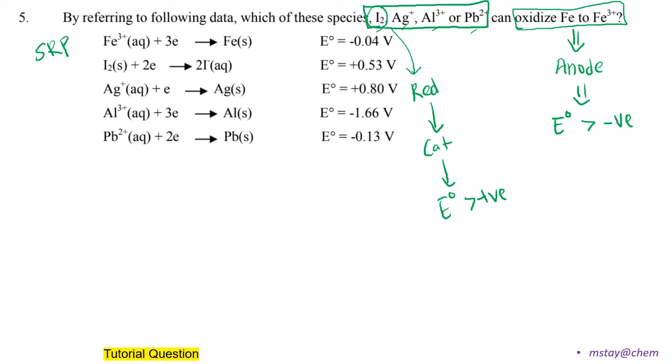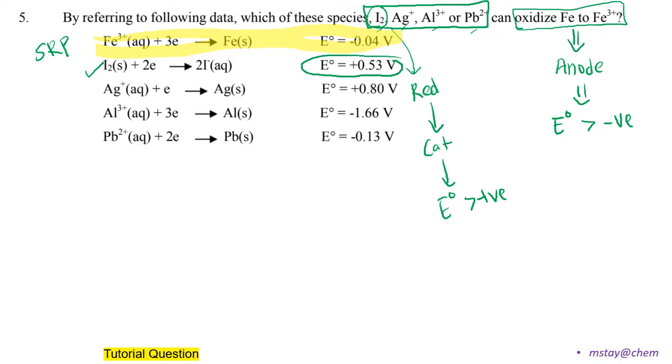In this case, iodine, yes, because the electrode potential for Fe3 plus to Fe is negative 0.04, while positive 0.53 is more positive. So iodine can oxidize Fe.